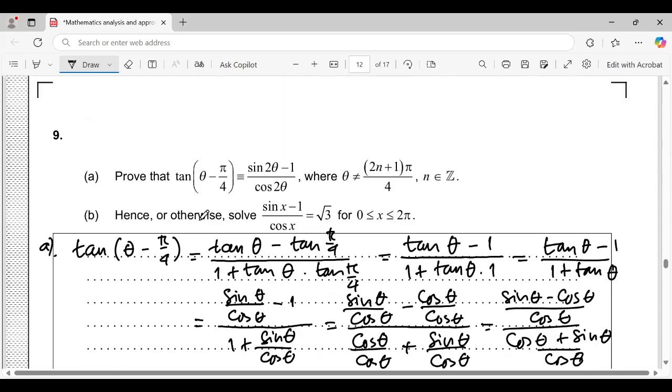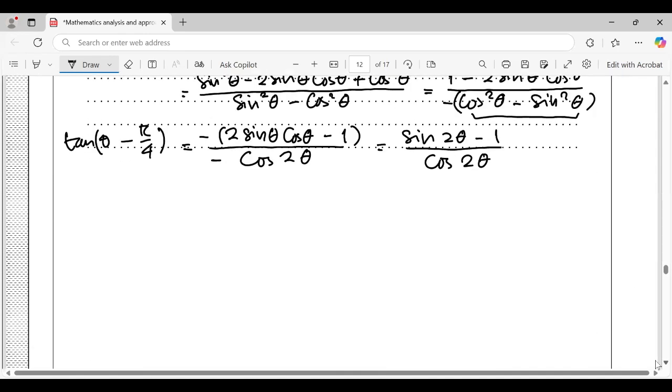Part B, solve sine x minus 1 over cosine x equals square root 3. If x equals 2 theta, the implication is theta equals x over 2, x half.